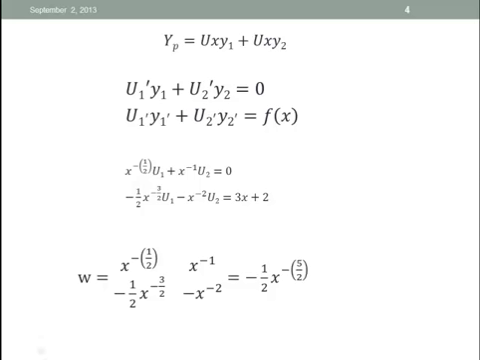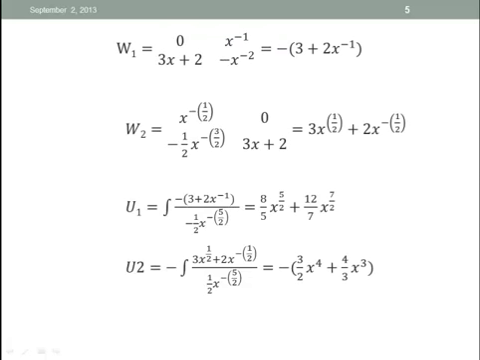So we will solve the Wronskian. So w will be negative 1 half x raised to the negative 5 halves, and w1 equals the negative of the quantity 3 plus 2x raised to the negative 1, and w2 would be 3x raised to 1 half plus 2x raised to the negative 1 half.